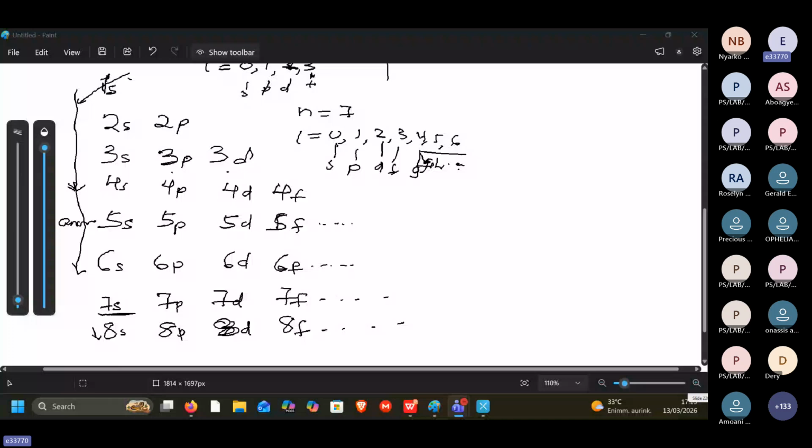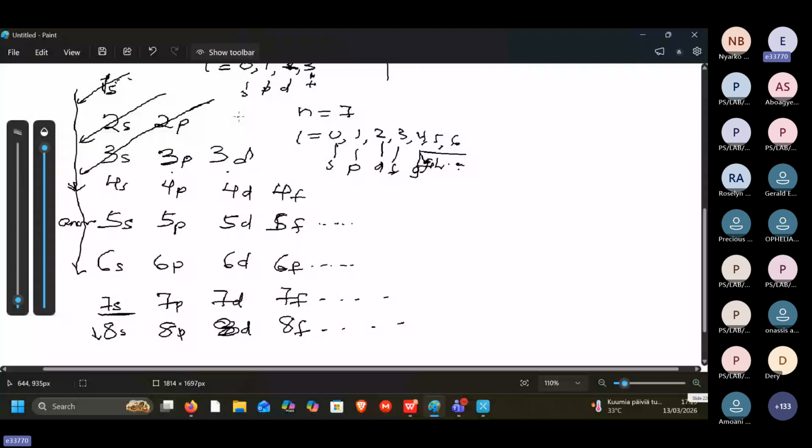So when we are filling, we'll fill 1s first. We'll follow it with the 2s. Then, look at the arrow, the 2s will come to 2p, then 3s. Then from 3s, we'll come to 3p, and then we'll come to 4s. Now after 4s, we'll come to 3d, then 4p, 5s.